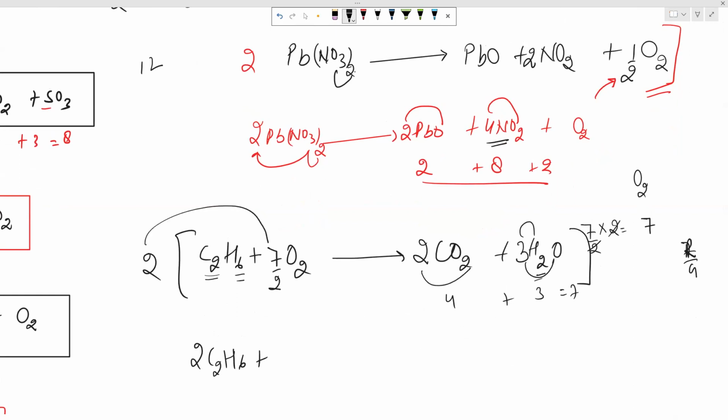Now this 7 by 2, multiplied by 2, will cancel out, so you will get only 7O2 here. This 2 multiplied with this one gives 4CO2, and this 2 multiplied with 3 gives how much? 6H2O. Now check whether it is balanced or not.